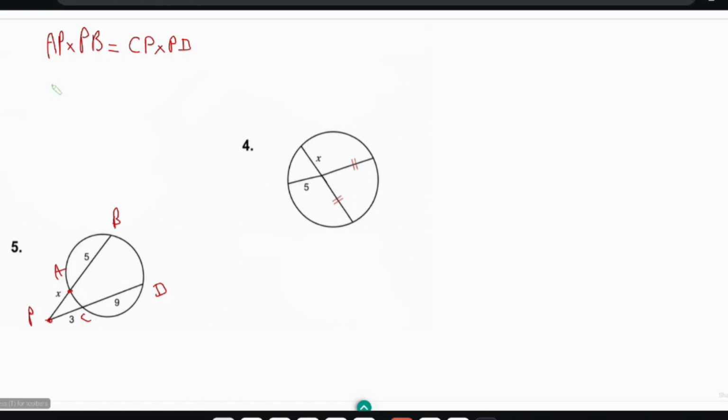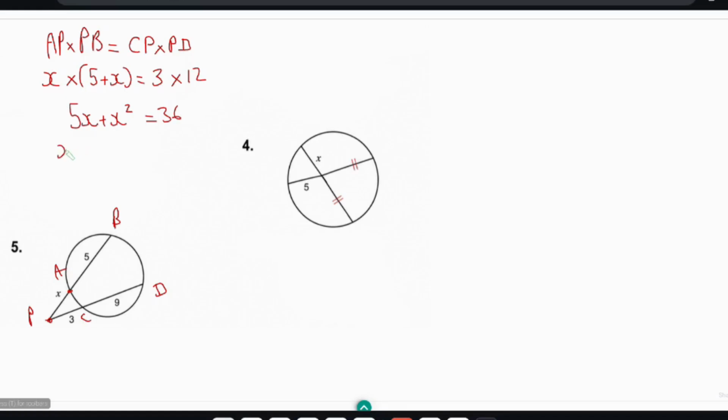AP is x. PB is 5 plus x. CP is 3. PD is 9 plus 3, which is 12. Expand your brackets. 5x plus x squared is equal to 36.